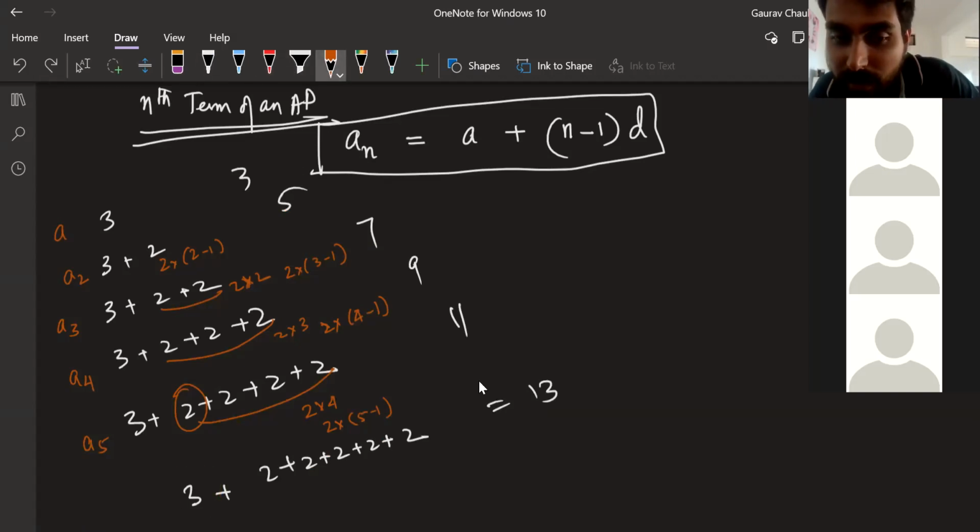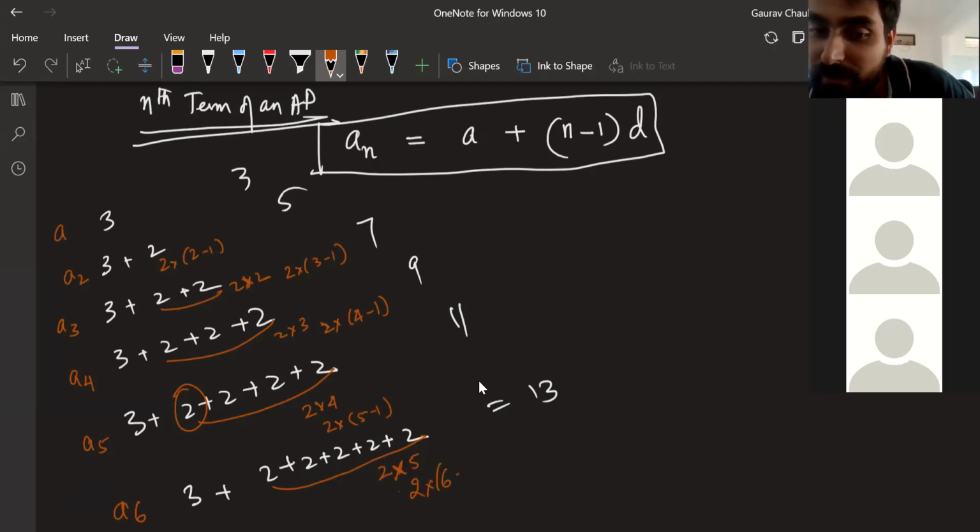From the first term, after that I'm adding 2 how many times? I'm adding 2 5 times, which is basically I'm multiplying 2 by 5 and then adding to 3. Okay, where this 5 is coming from? A6, this is giving me this 5, basically 2 into 6 minus 1.